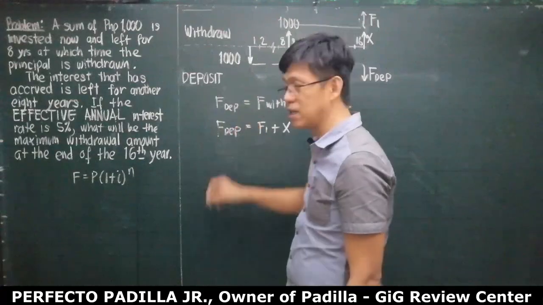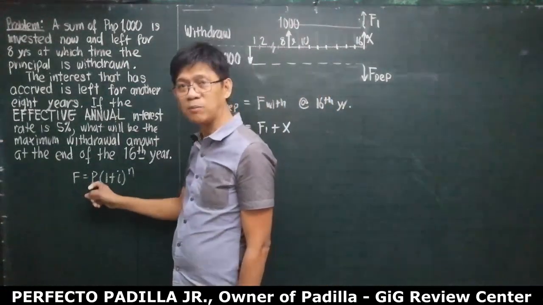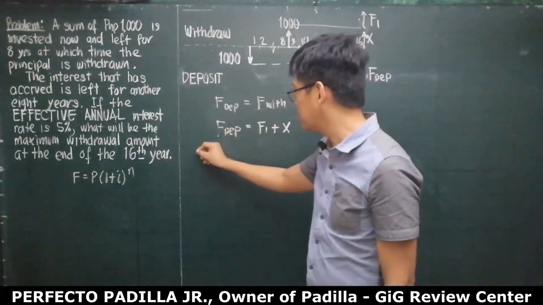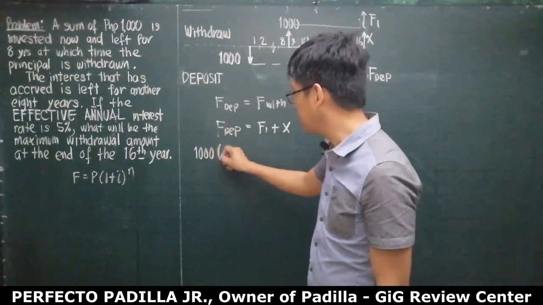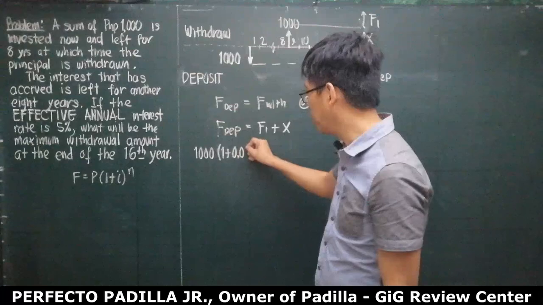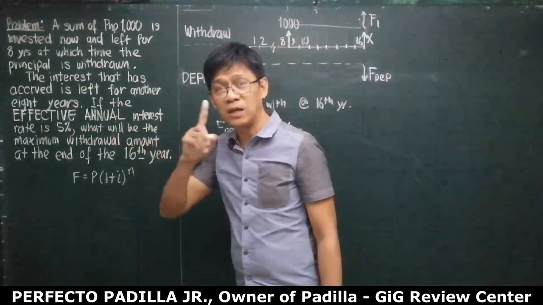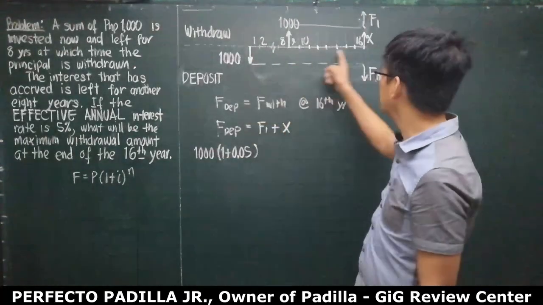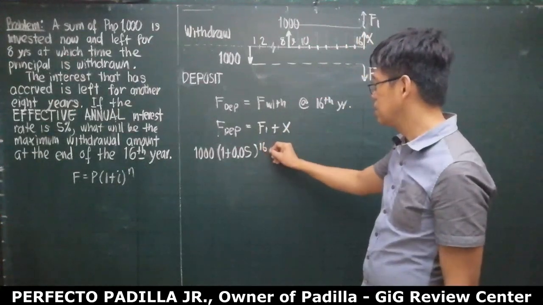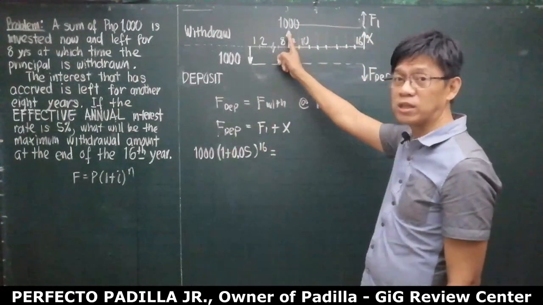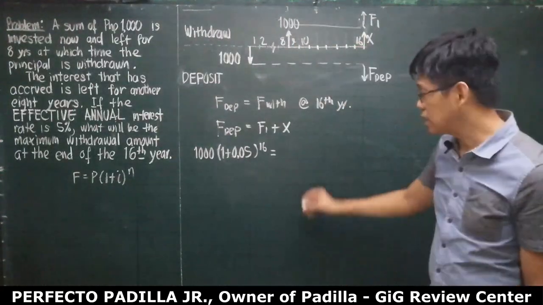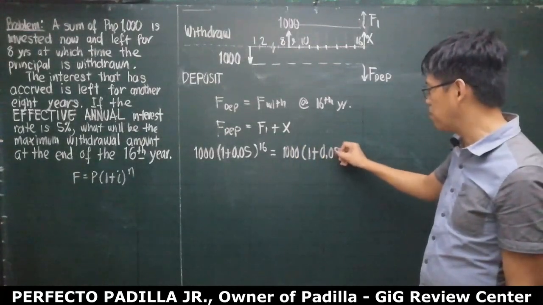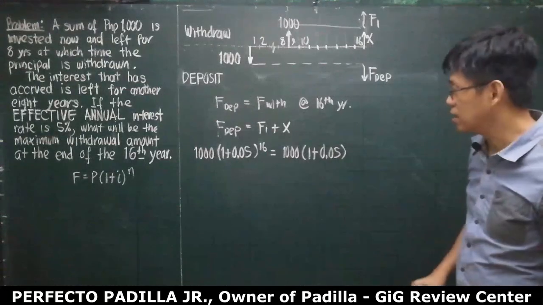Di ba sabi natin, ang future amount is P times 1 plus I raised to N? So, yung F ng deposit dito, the present is 1,000 multiplied by 1 plus I, 0.05, that is 5% per year compounded yearly, raised to N years. From here to here, there are 16 years. Yung F1 naman is the future nitong 1,000 from here to here. So that is P, 1,000, times 1 plus I, 0.05 per year compounded yearly, raised to N. Ano yung N?